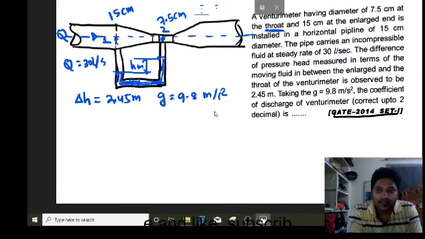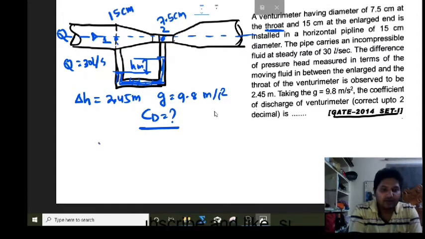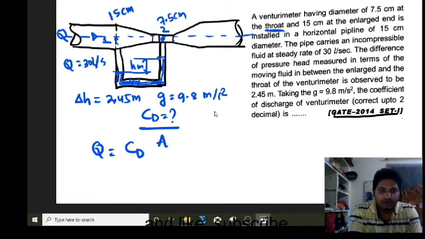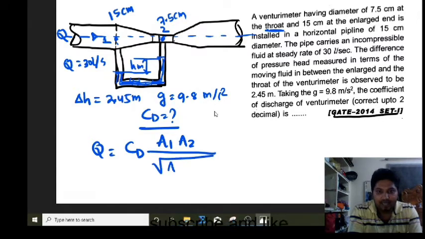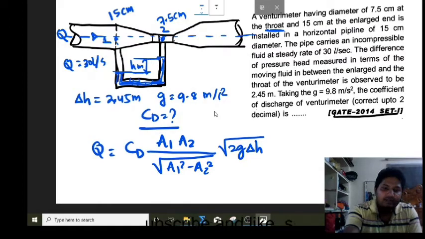It is asking for the coefficient of discharge. Already you know the formula: Q equals CD into A1 A2 over root of A1 square minus A2 square, into root of 2g delta H. So you have to find this CD.